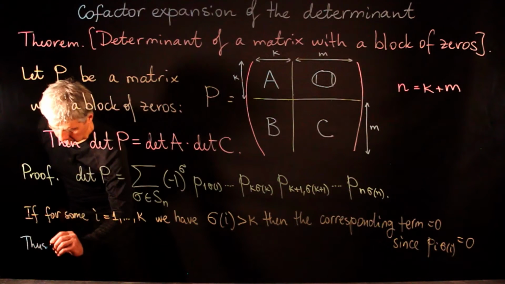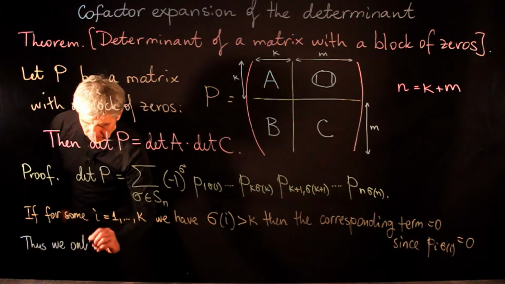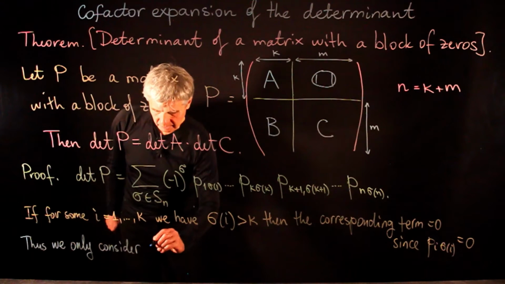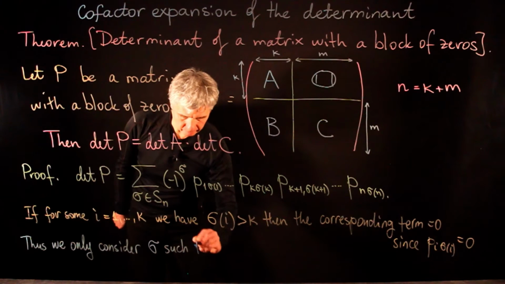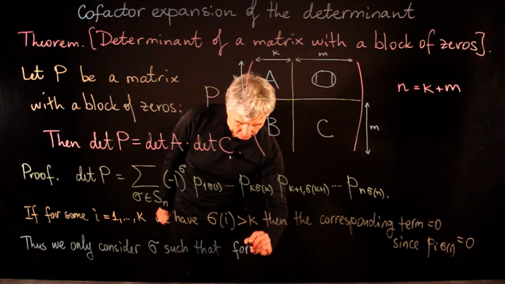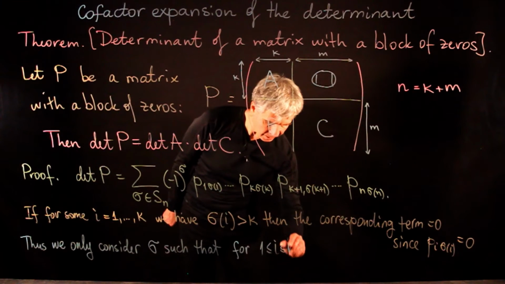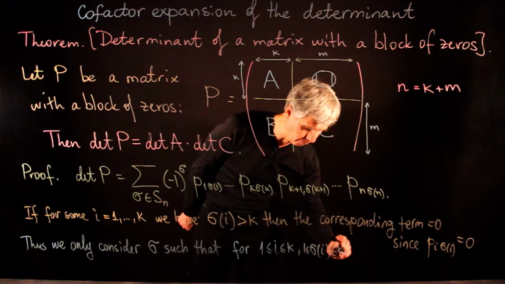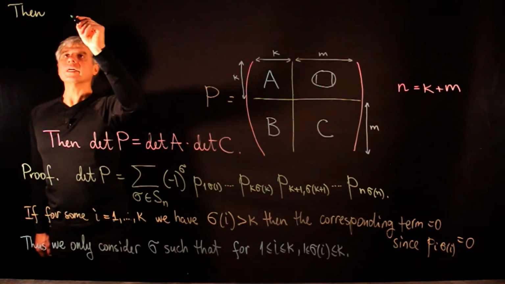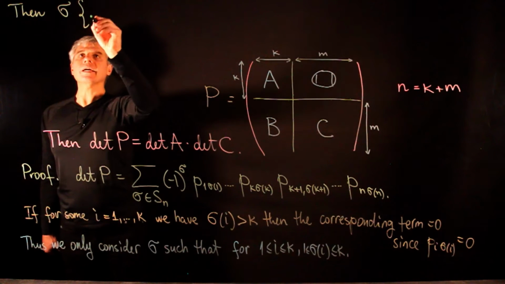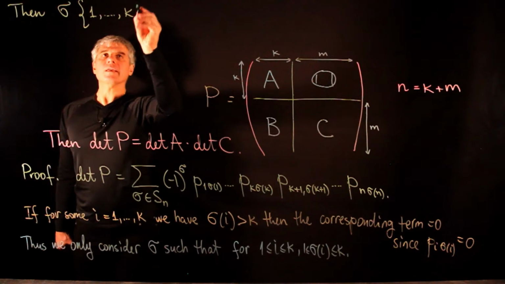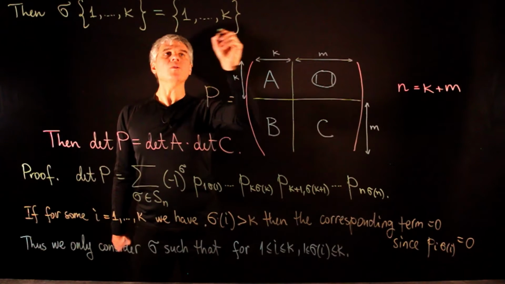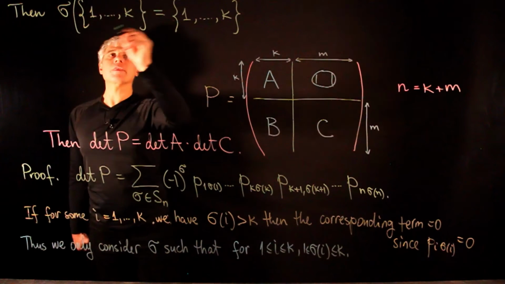Thus, we only need to consider those sigma such that for i between 1 and k, sigma of i is also between 1 and k. So then we conclude that sigma permutes elements of the set from 1 to k, and in fact it will assume all values from 1 to k on this set.